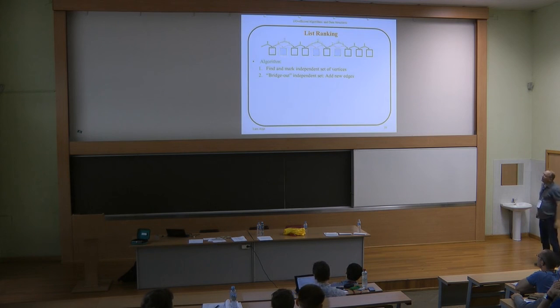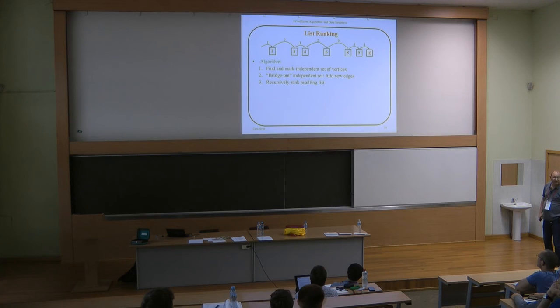Then I'm going to bridge out the independent set. That was this process that just happened on the slide here. So this guy here is going to be removed, and there's going to be an edge from his predecessor to his successor, and it's going to have a weight that is the sum of the two weights. So I get this. Then I'm going to recursively rank that list.